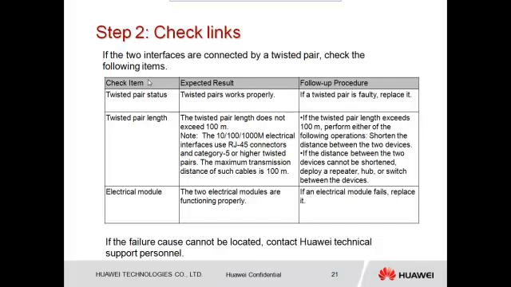So 10, 100, or 1000 Mbit/s electrical interfaces use RJ45 connectors and category 5 or higher twisted pairs. The maximum transmission distance of such cables is 100 meters. So the distance between two switches cannot be longer than 100 meters.